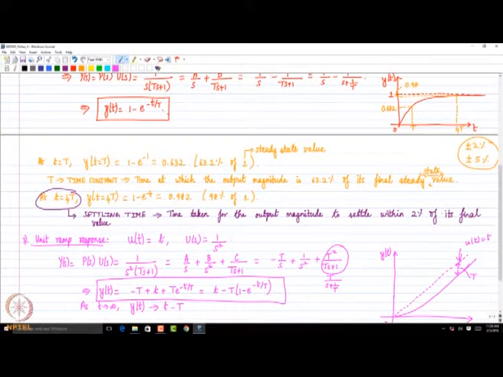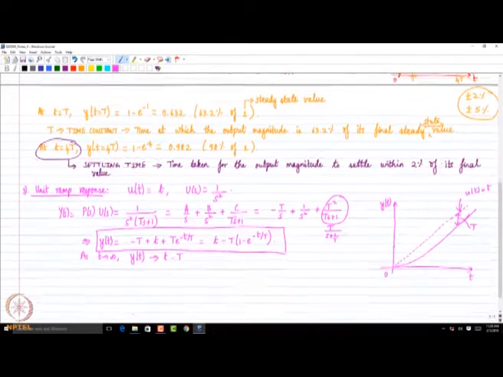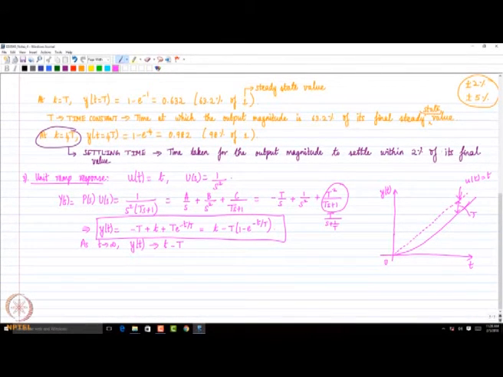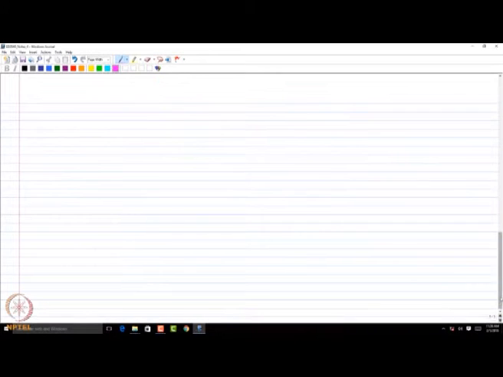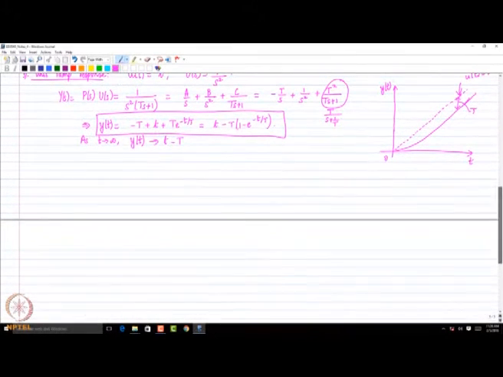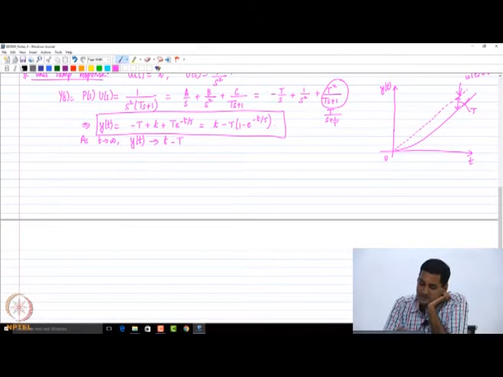So this is a very nice feature of stable LTI systems. Not only that, in general for LTI systems, you give an input u of t, you get an output y of t. You give the derivative of the input, you will get the derivative of the same output. So that's another nice property of linear time invariant systems, the class of systems that we are studying. Let me just write down whatever I just said.